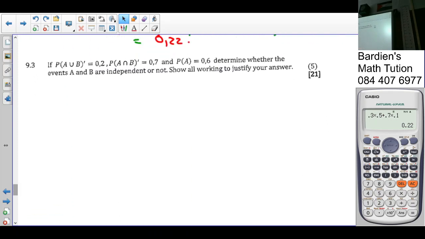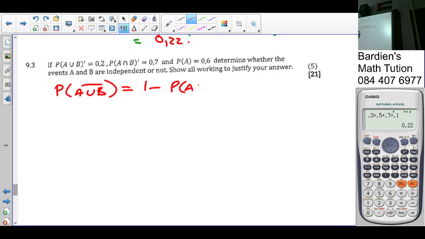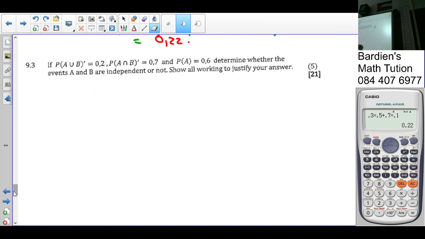Question 9.3. If the probability of not A union B is equal to 0.2, then that is 1 minus the probability of A union B. Not so? Which rule am I applying here?